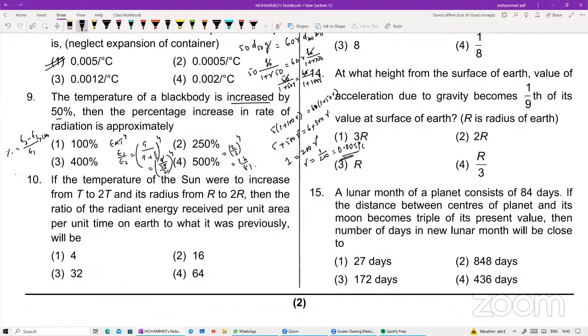The final value is E2; the value of E1 by E2 has come, so E2 will be 81 times E1 divided by 16, minus E1, divided by E1. Everywhere E1 will get cancelled, into 100. Calculate that and you will get approximately the answer. Am I clear?